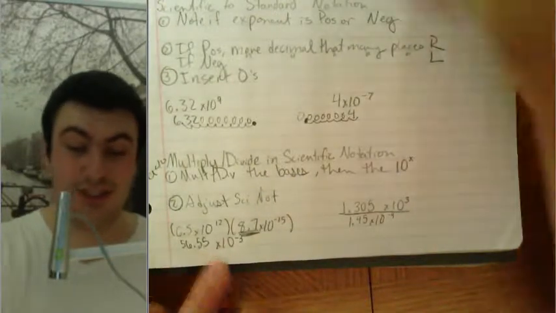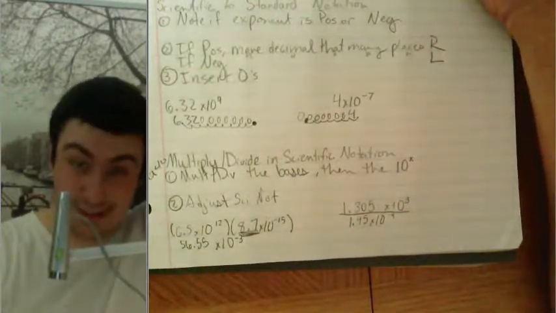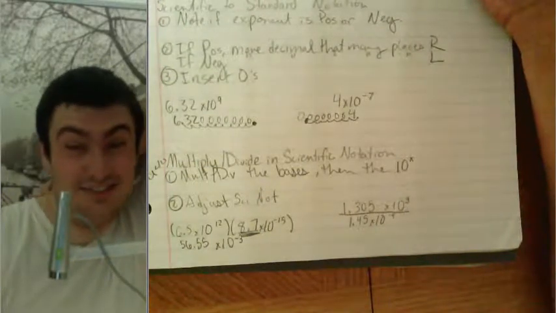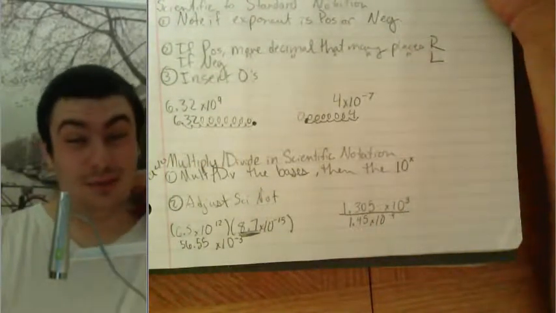Except we need to adjust our standard notation to make sure we're in scientific notation, so that that 56 is not a 56, but is in between 1 and 10.